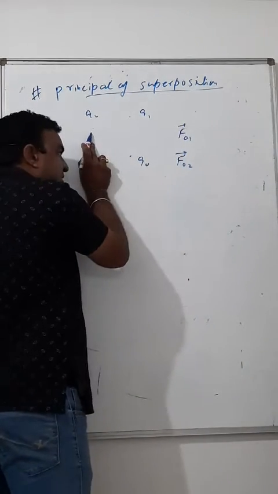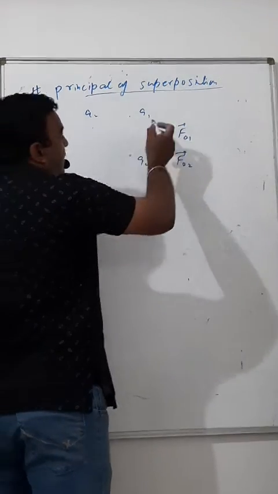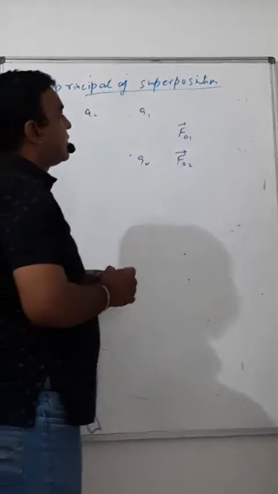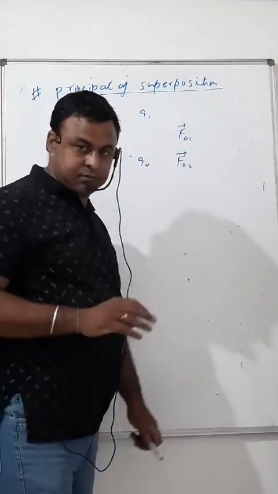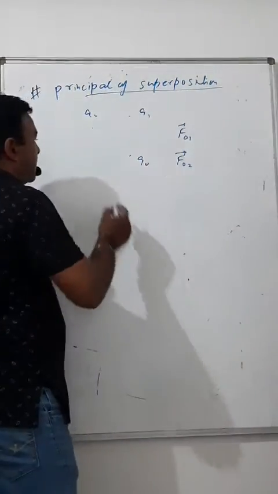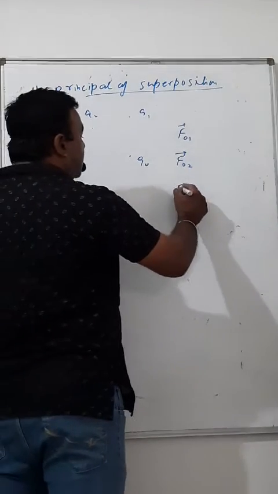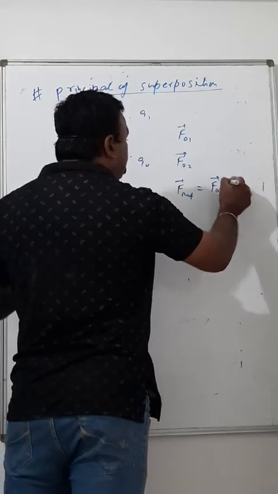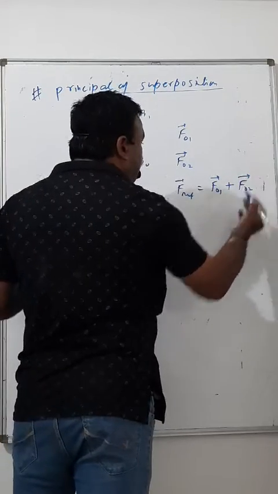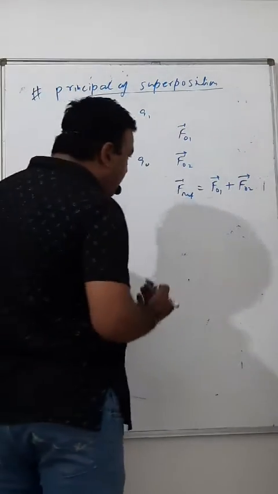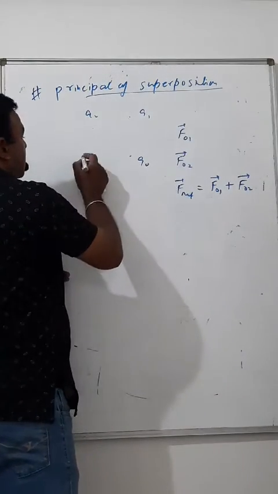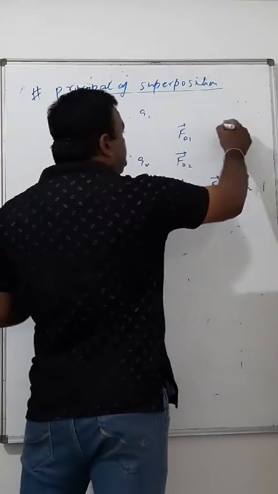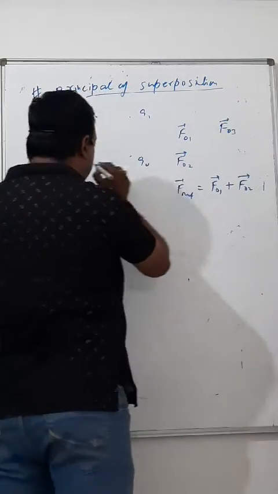But the presence of Q2 will not affect F01, the interaction of Q1 and Q0. You will say it's a very common thing. Now the net force becomes F01 plus F02, vectors.